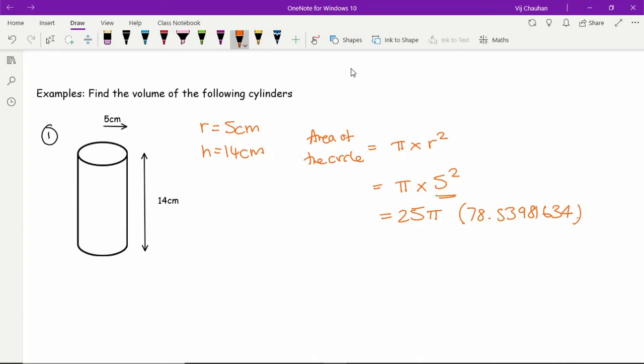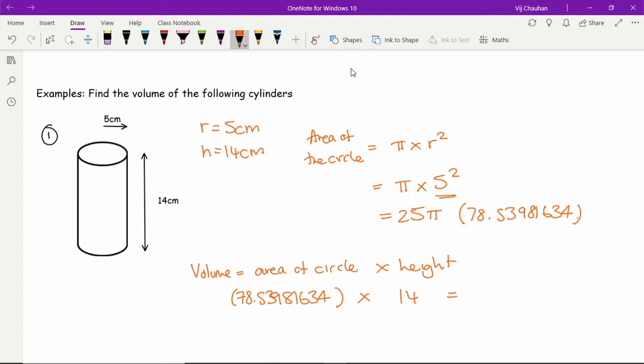Now the next thing I've not finished, because that's just the area of the circle, so the volume is equal to the area of the circle times its height. So in this case I'm going to multiply 78.53981634. If I've left that on my calculator, all I then need to do is times that by 14.